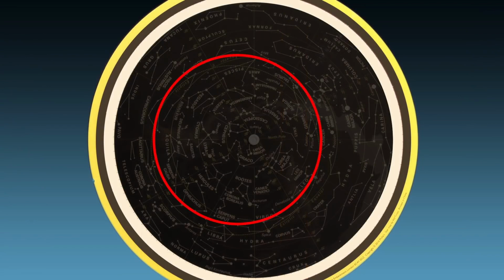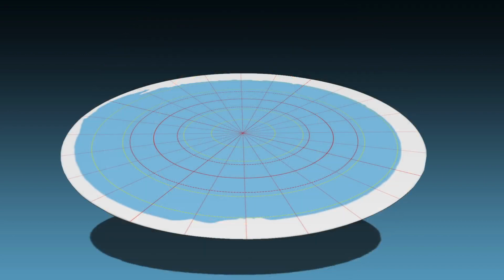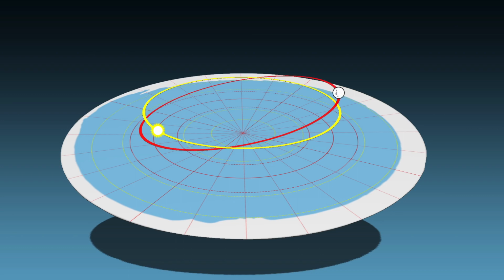If I trace the moon's path, you can compare it to the sun's ecliptic path, shown here in yellow. You'll notice that they are slightly different from each other. The sun's ecliptic path above the surface of the Earth seems to be parallel with the surface below. The ecliptic path of the moon is not parallel to the surface of the Earth.